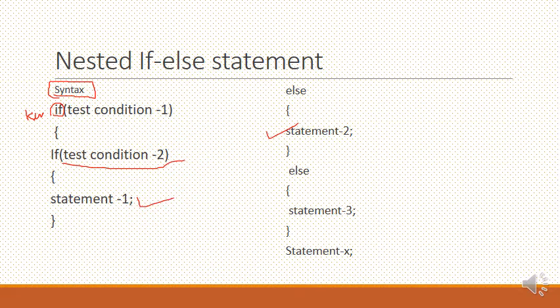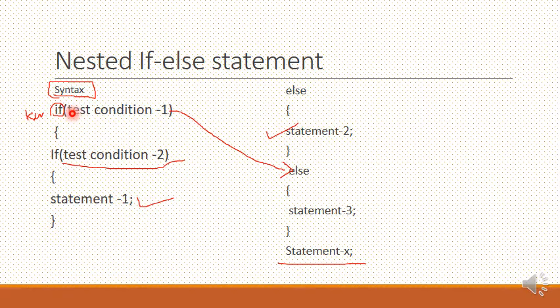Else is nothing but what? If this test condition is true, then it executes test condition 2. If this is false, your control goes to the else of the outer block if statement. Then it is going to execute statement 3. Then finally it is statement X. You see once again what happens. First here you have written one test condition. I will take the pointer.